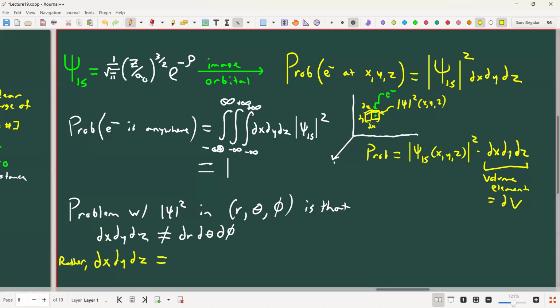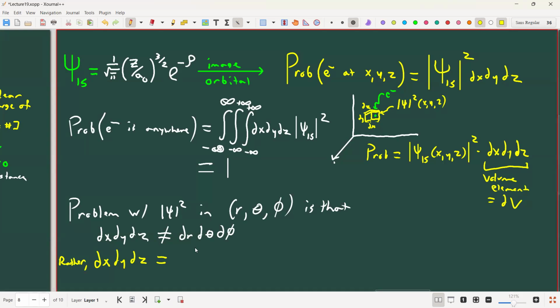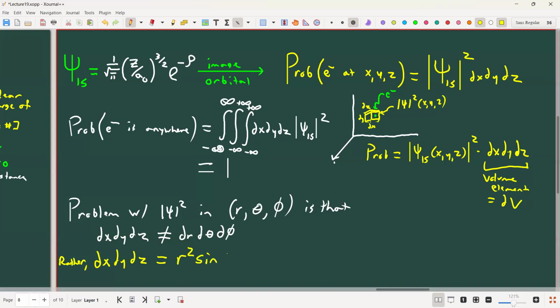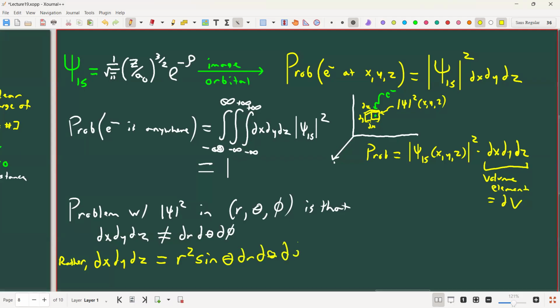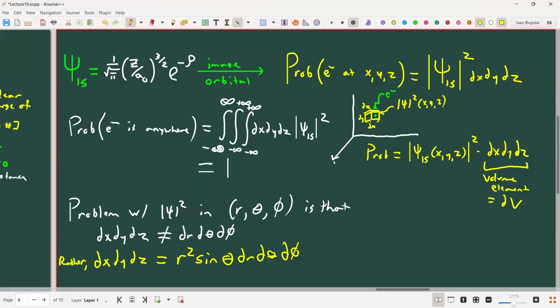This little volume element around our spot, a little probability volume in spherical coordinates, is actually r squared sine theta dr d theta d phi. So in spherical coordinates, there's this additional factor in the volume of r squared sine theta.